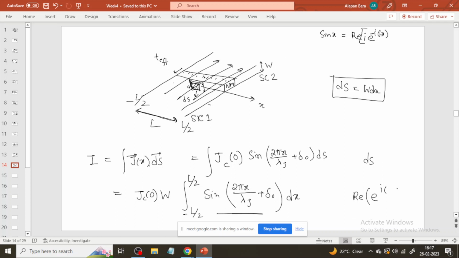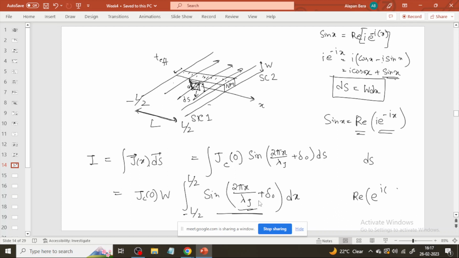Let's expand this: cos x minus i sin x, and multiplying by i, we get i cos x plus sin x. The real part of this term is sin x. So that's why we can write sin x as the real part of i e to the power minus ix. Now we also try to write the sine of this function as the real part of some exponential function.